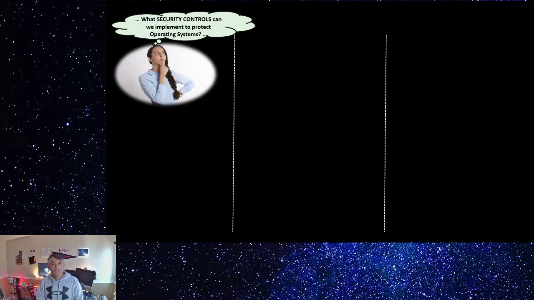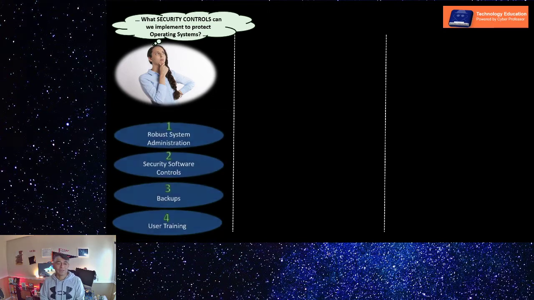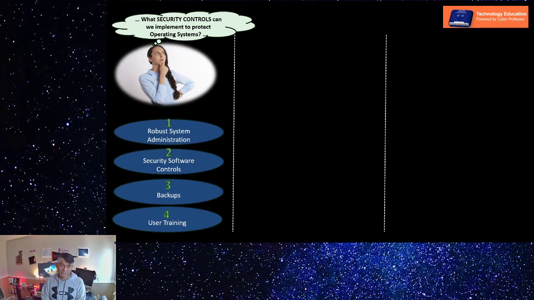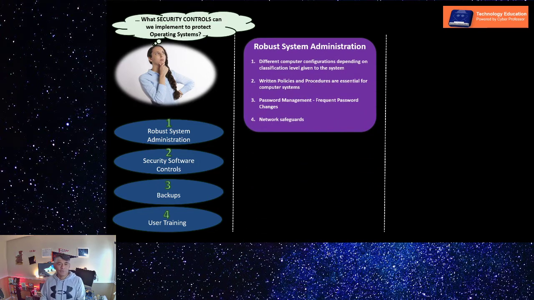So the next question that you may ask yourself is, what security controls can you implement to protect operating systems? Those include robust system administration, security software controls, backups, and finally user training. For robust system administration, we have the following activities: creation of different computer configurations depending on the classification level given to that particular asset or system.